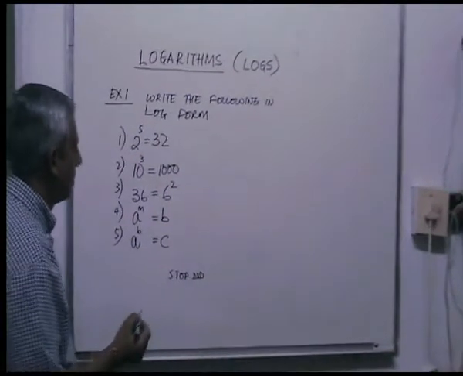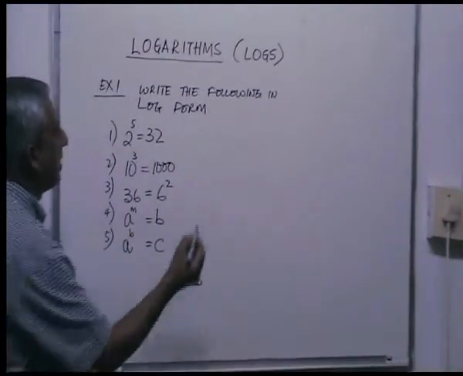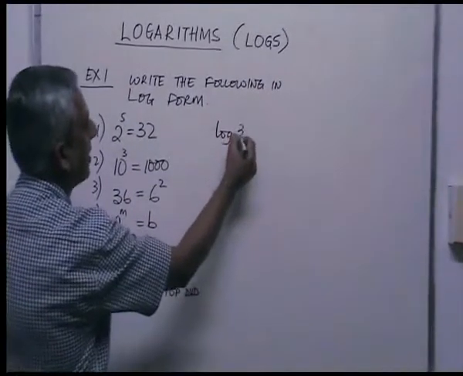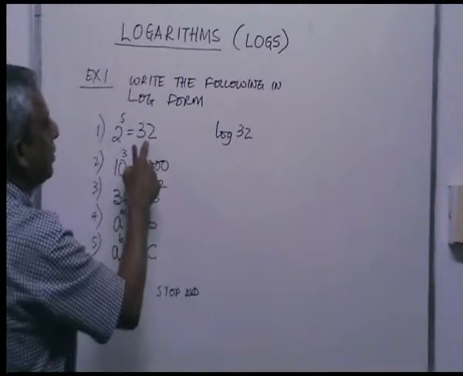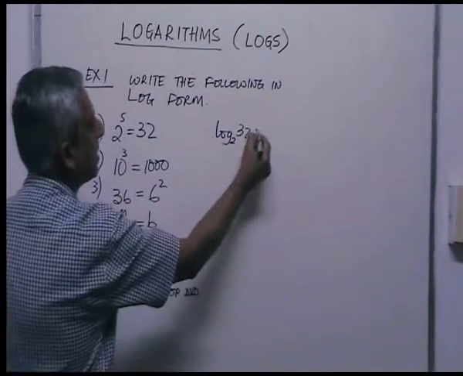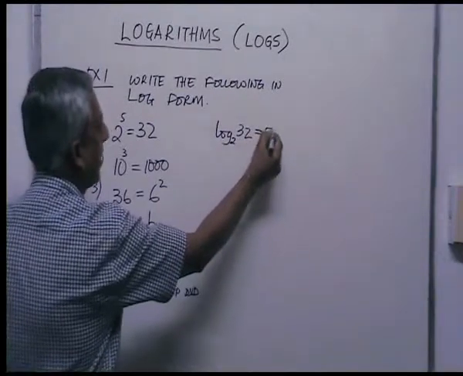Right, welcome back. So you tried them and hopefully you got them all right. So the answer for number 1 would be the log of 32, you see the number is 32, to the base 2, the base is 2, is equal to 5.